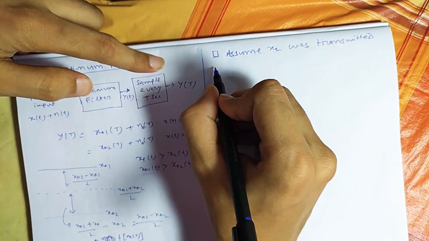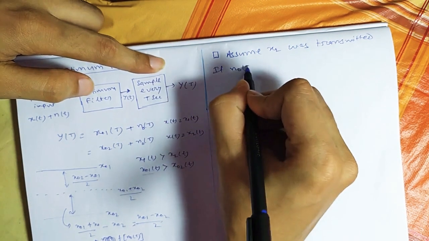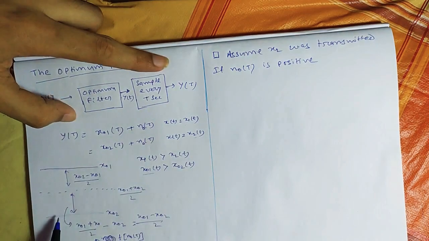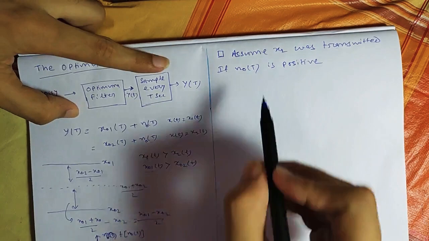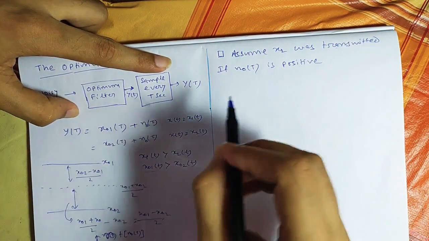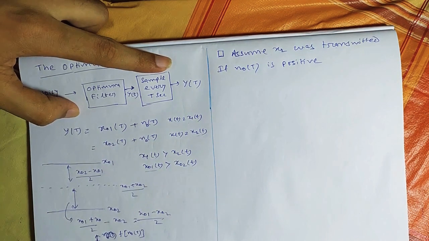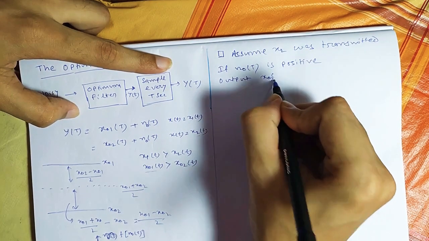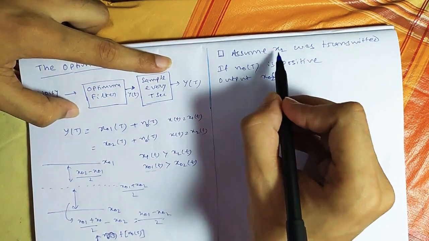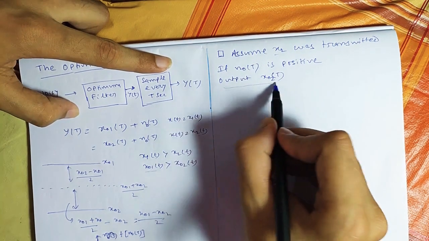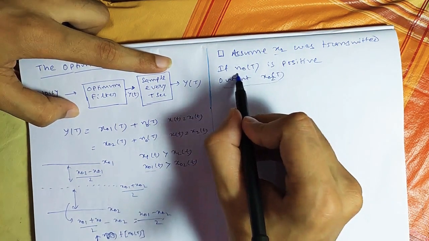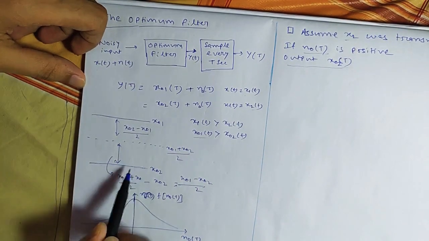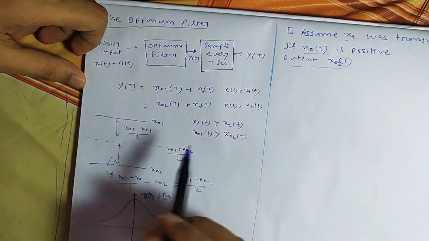If x2 was transmitted and the noise n0(t) is positive and it is added, the output without noise is x02. This can be seen from the diagram. x2 was transmitted, the output without noise is x02, and the noise is positive.